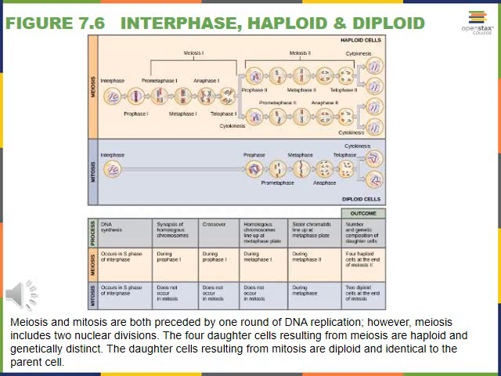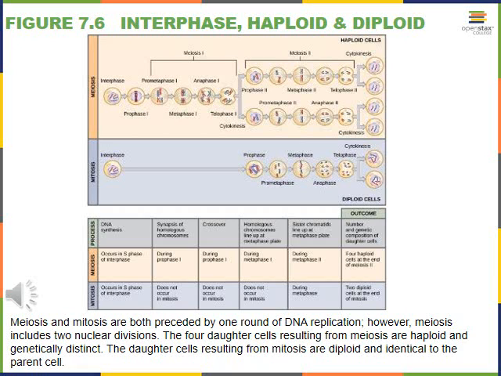synapsis of homologous chromosomes, crossing over, homologous chromosomes line up at the, I can't read that, but in the center of the cell basically, and sister chromatids are pulled apart is the next column, and then the outcome is the last column here.